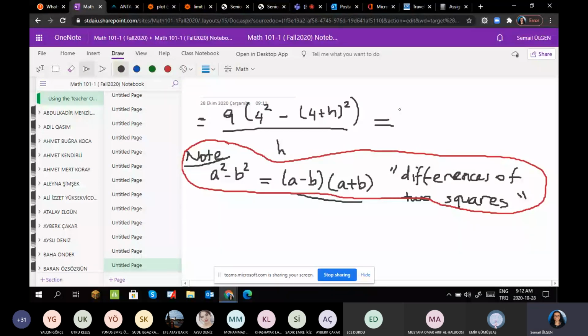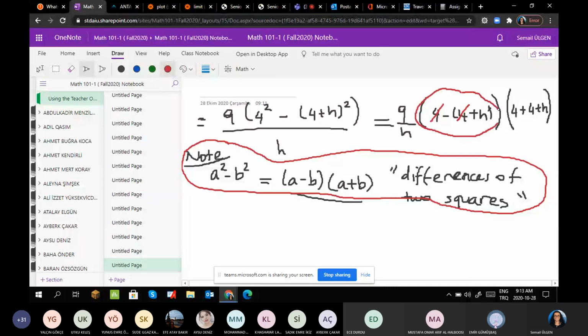Okay, and then I'm going to apply it: 9 over h, 4 minus 4 plus h, times 4 plus 4 plus h. Here you would see this 4 cancels with this 4. Then I have h left here. This becomes only h, negative h actually, right? This is going to be negative h.